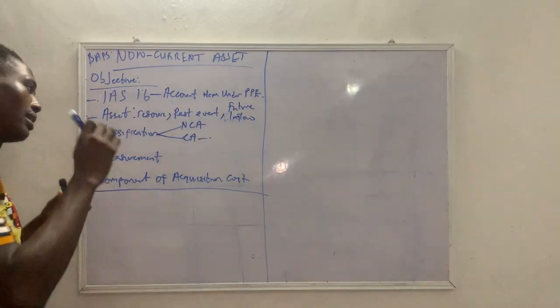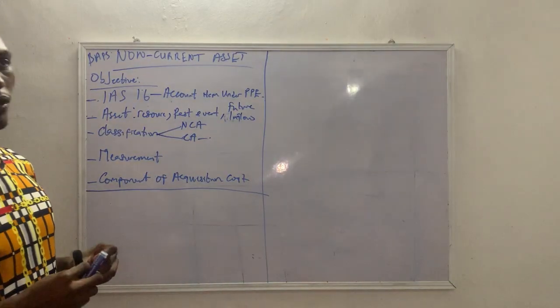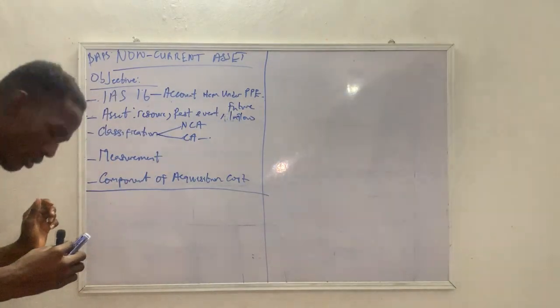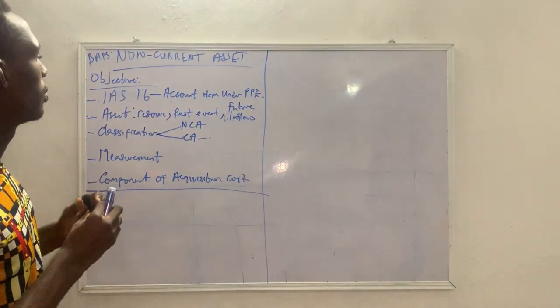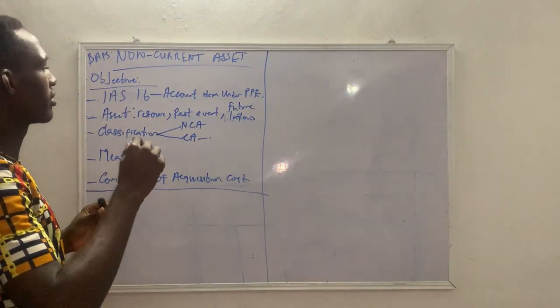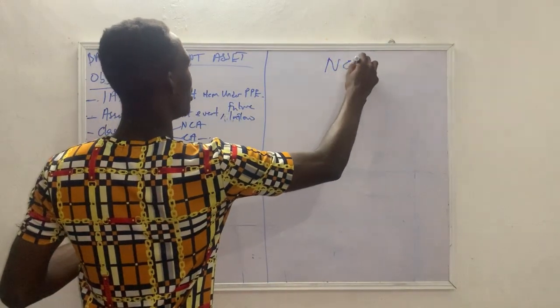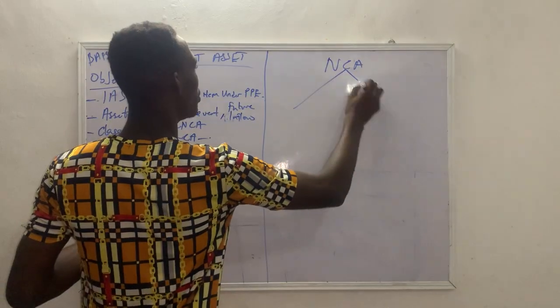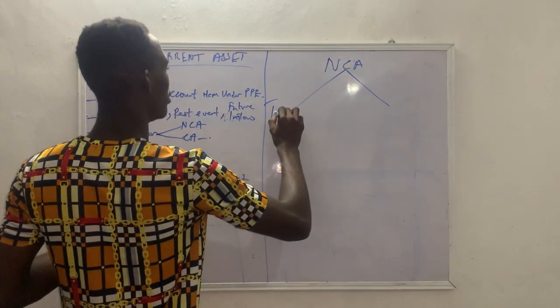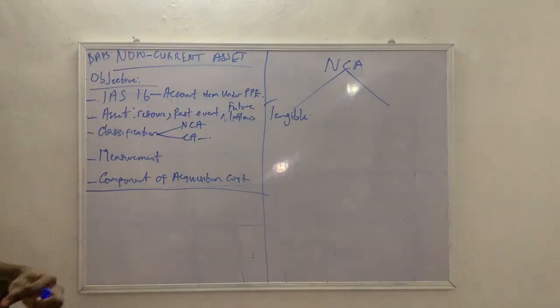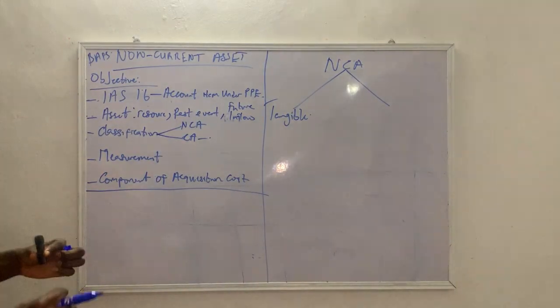non-current assets. Now, a non-current asset itself is an asset that is expected to last for more than an accounting period. You understand? So since it is expected to last for more than an accounting period, let's label it properly. So we have tangible and non-tangible, or intangible. Tangible non-current assets are assets that we can see and touch.